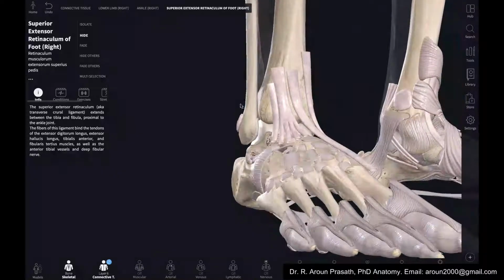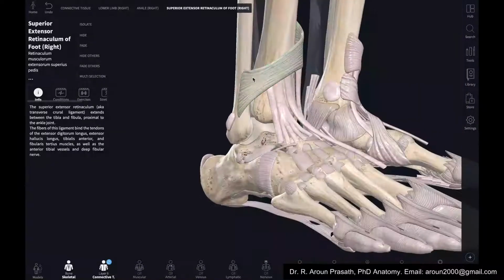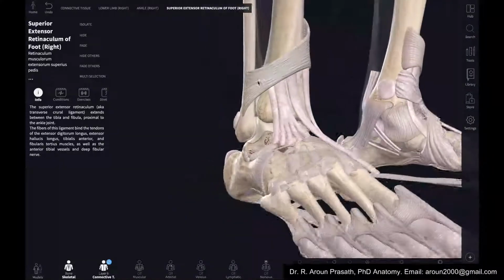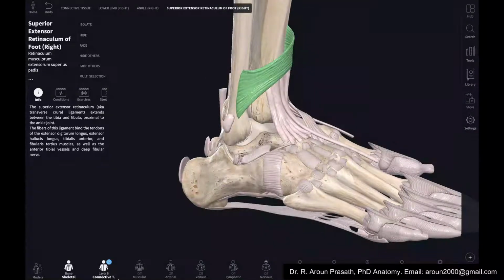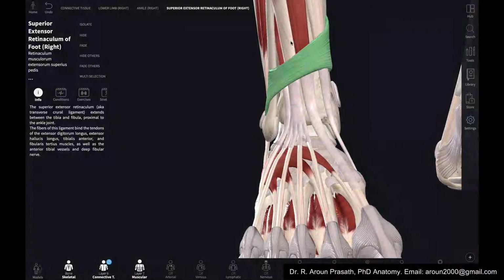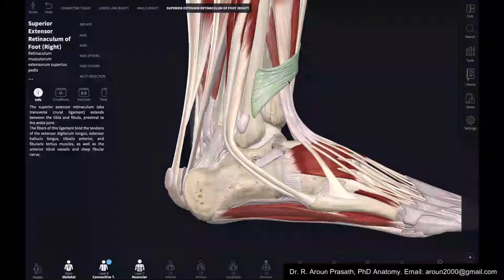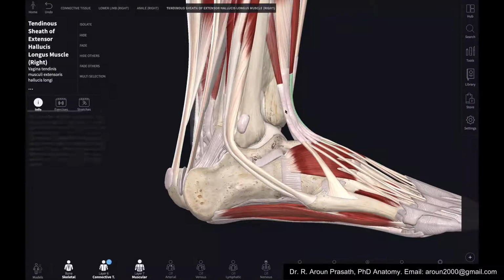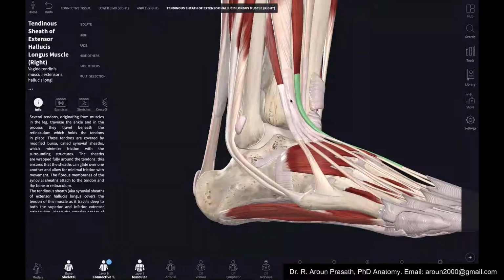Okay, now what you see is the extensor retinaculum. This retinaculum is very important in order to support the muscle tendons that are passing through it. Suppose this retinaculum is not present, then during extension these tendons will pop out.